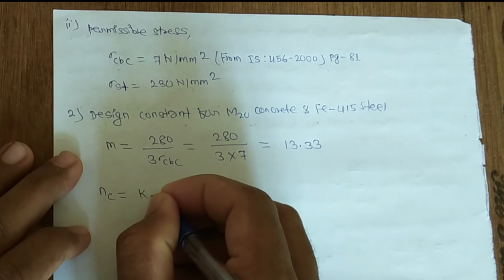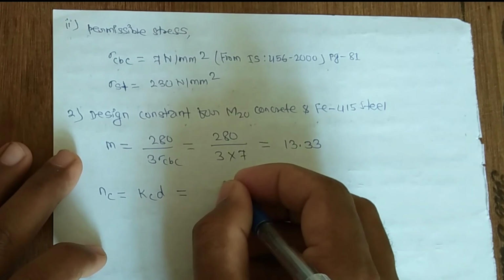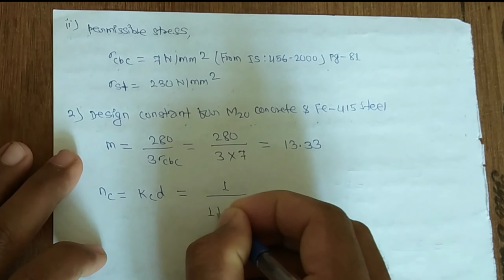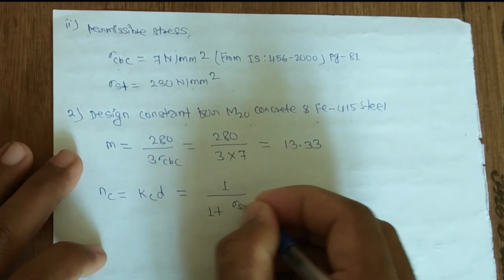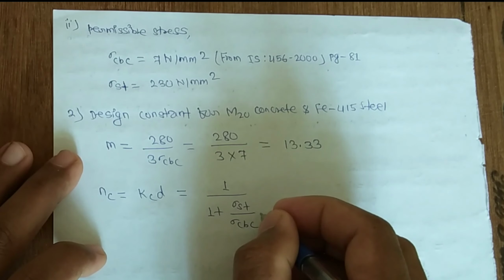Nc is nothing but kc into d, where kc is equal to 1 by 1 plus sigma st by sigma cbc into m.